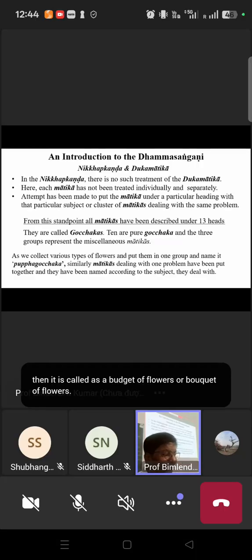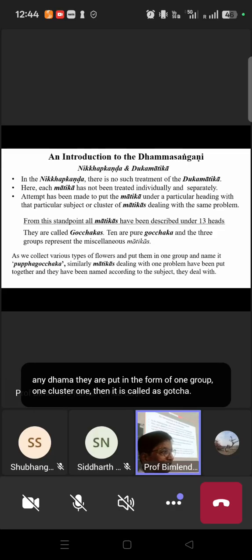In the same way, the problems related with any dhamma are put in the form of one group, one cluster, one gochaka. Then it is called a gochaka.